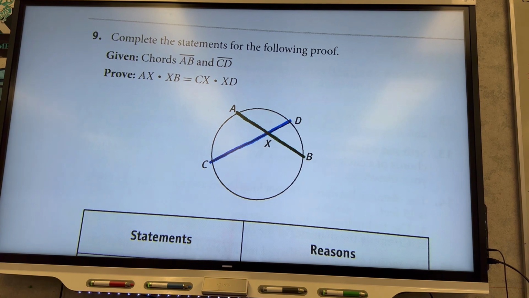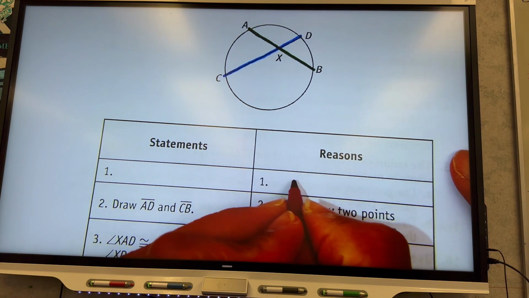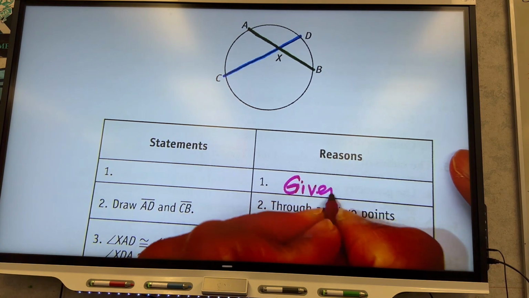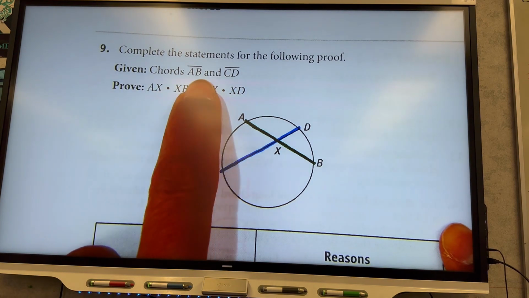And then we'll be able to use that to solve problems when we see situations like this in a circle. So we're going to start with the statement and reason. Notice both of those are blank. That's because they expect you to know this about a geometric proof. You always start it with what's given. So the reason is going to be given. And we have to look at what was given: chords AB and CD.